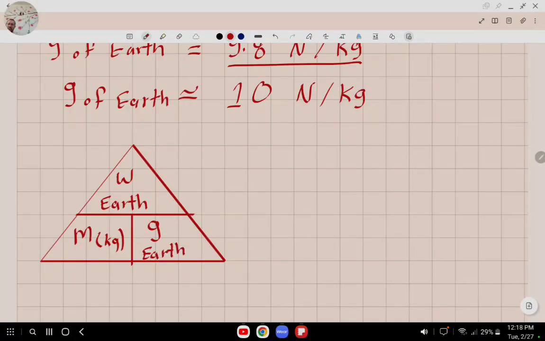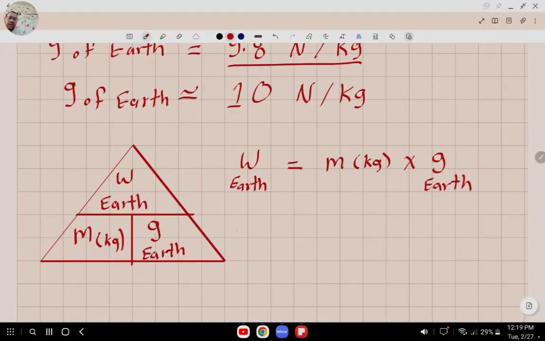So we have to multiply the mass by the gravitational pull on the Earth. This is a triangle. If you want to calculate the weight on the Earth, you have to multiply the mass in kilogram times G on Earth.